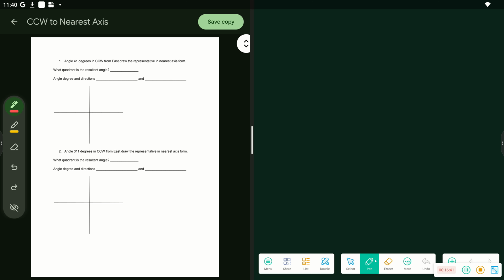Okay. So, a couple things here. Number one, draw your graph. So we're going to do it over here. So there's your graph. So from the east, keep in mind, 0 east, 90 north, 180 west, 270 south.